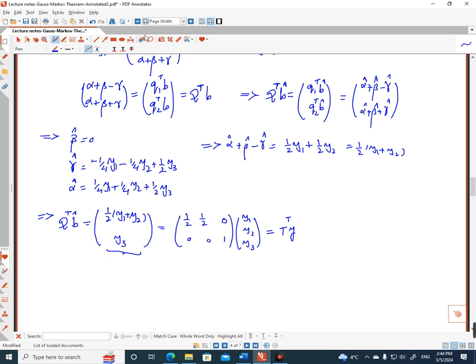This is actually a vector based on the observations.